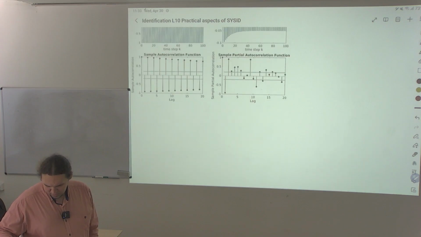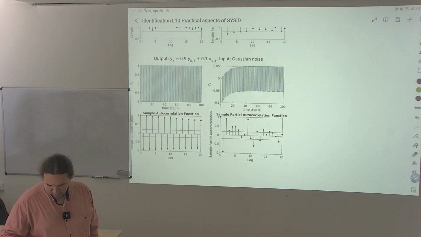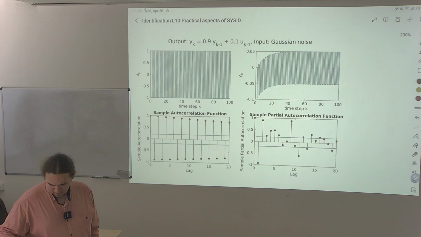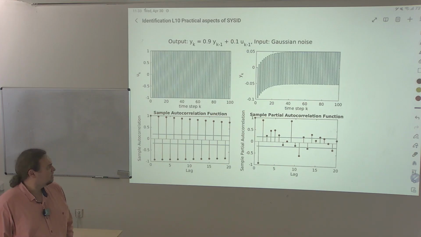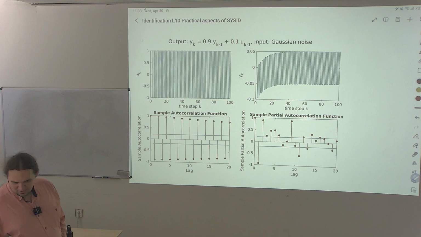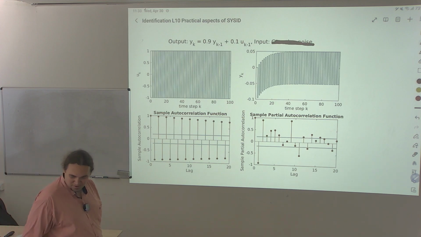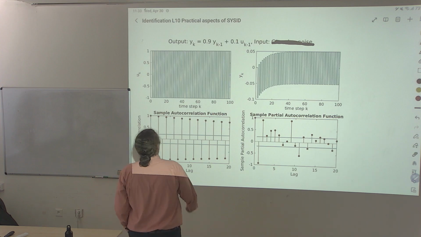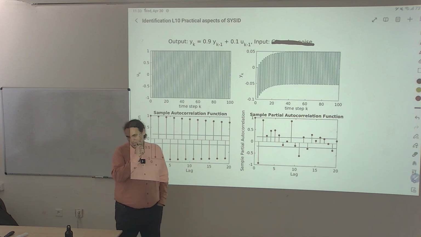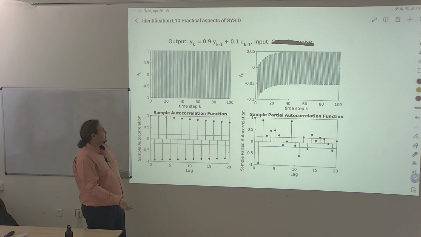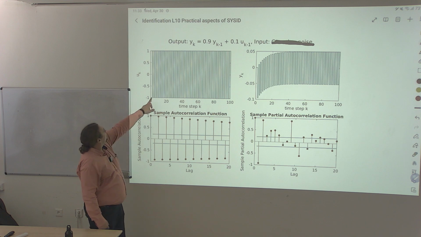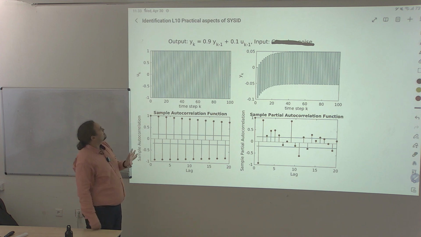So this was some sort of a signal. Let's see what's going to happen. This is wrong here. I forgot to change it. So now the input has changed. The system stayed the same. It's again a stable first order system, but our inputs are now not the pseudo-random binary sequence.